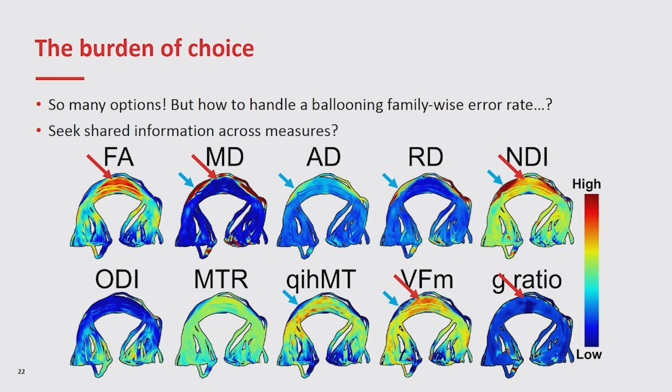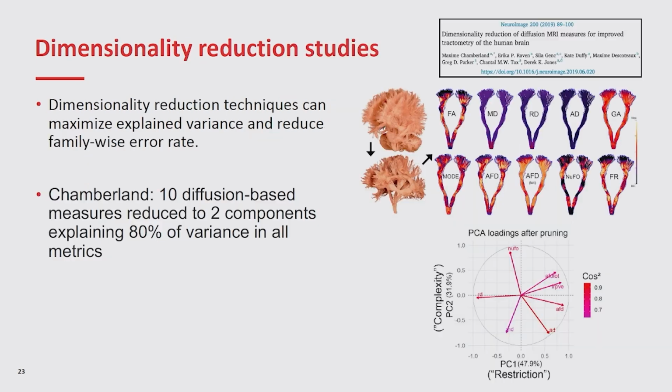There's many different ways to do this, but the example I'm going to walk us through today is dimensionality reduction through principal component analysis. There's a really nice study here that lays out the method in quite a bit of detail. It's a really great reference. What they did here was take 10 diffusion-based imaging metrics in many different white matter tracts in the brain. You can see them all laid out in this section of their figure here.